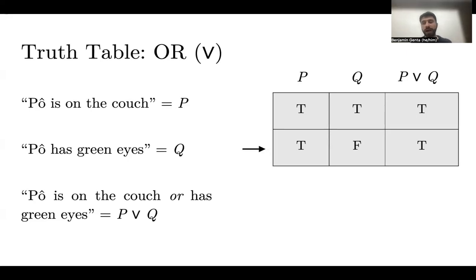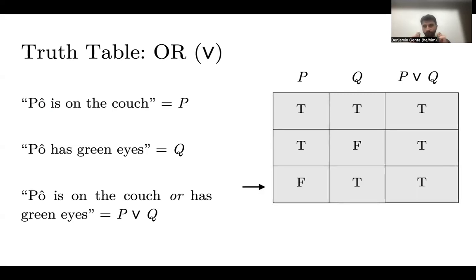Well, I'm not 15 years old, but the sky is blue. So one of these is true, so the whole statement is true. And the same thing when you have P being false and Q being true, right? The whole statement is true. It's still one part is true, so the whole statement is true.